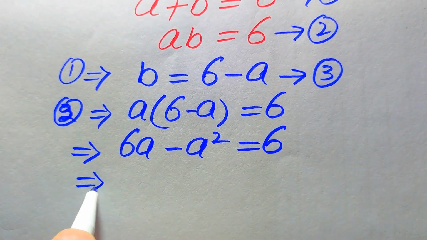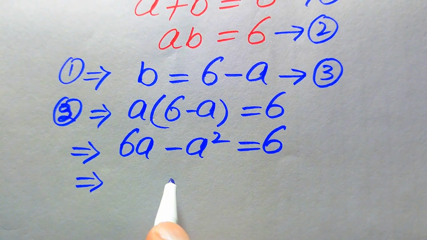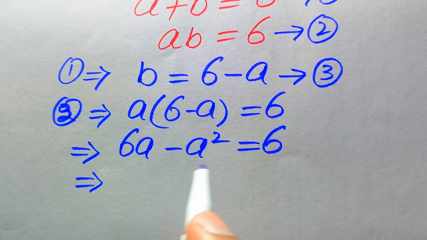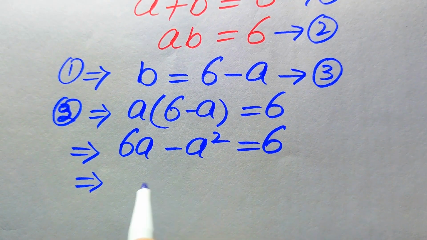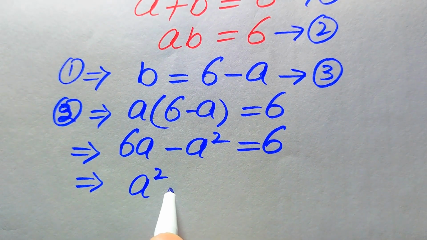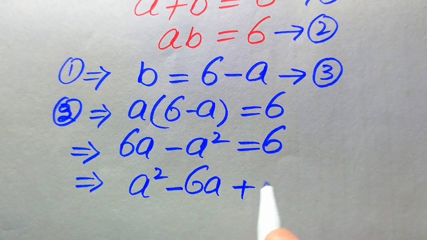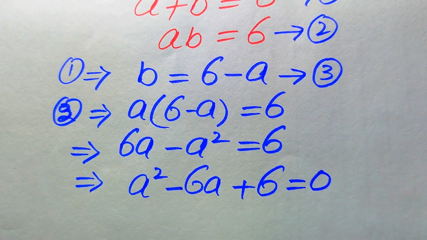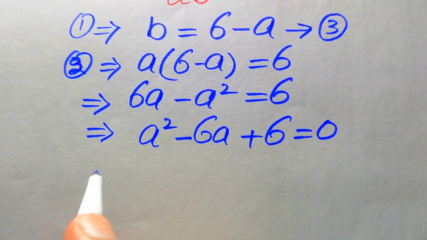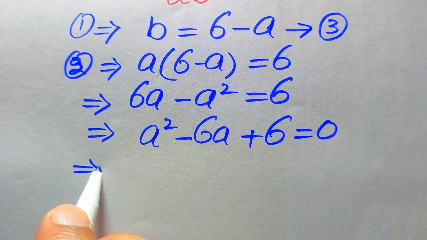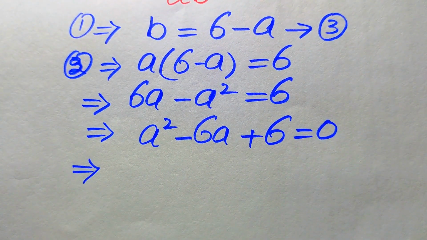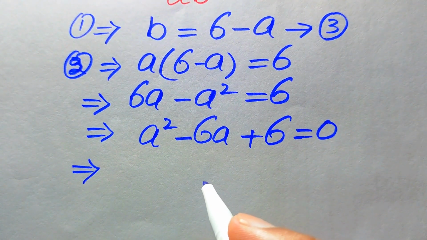And further, in order to write this equation into the standard form, we move all the terms from left hand side to the right hand side, and we get minus a square becomes plus a square, plus 6a becomes minus 6a, plus 6, and this whole equation is equals to 0.